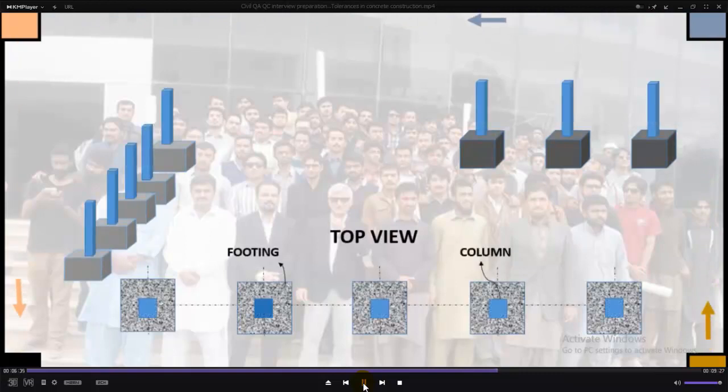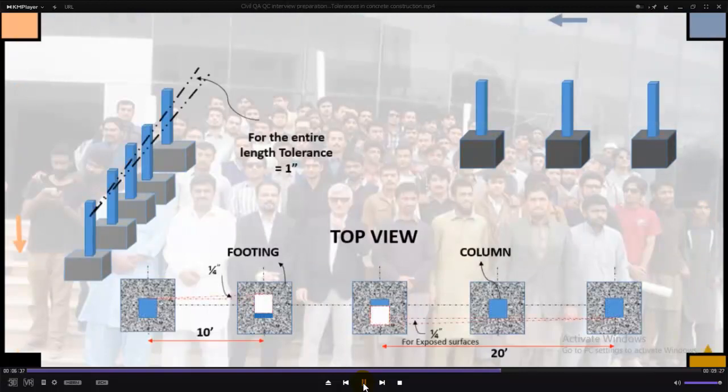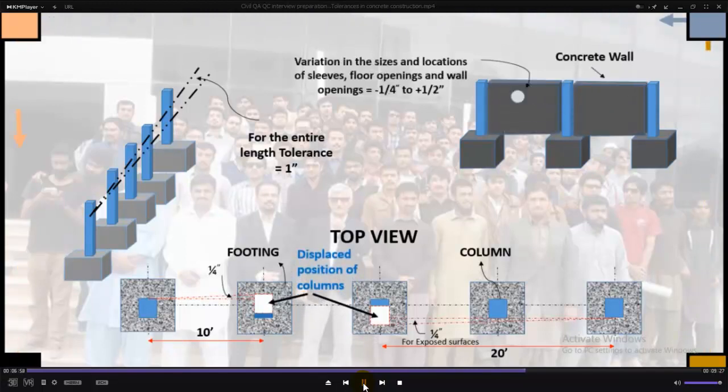Variation for the plumb in the lines and surfaces of columns, piers and walls is equal to a quarter of an inch per 10 feet for inside the building, and is equal to a quarter of an inch per 20 feet for exposed corners, columns and other outsides of a building. Similarly, the sleeve sizes in the floor openings and wall openings should not be decreased more than a quarter of an inch or increased more than half of an inch.